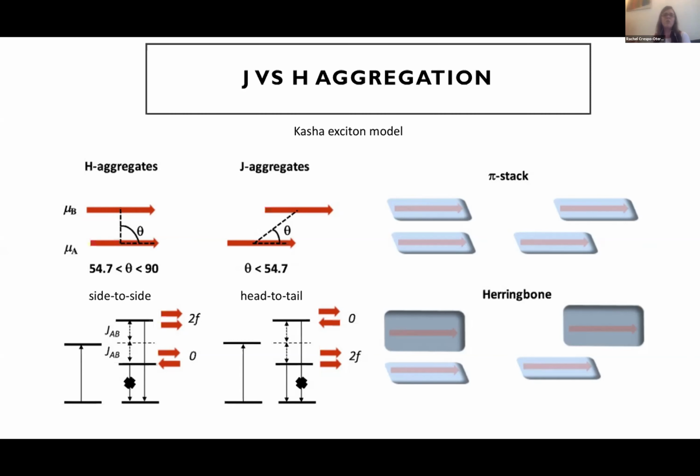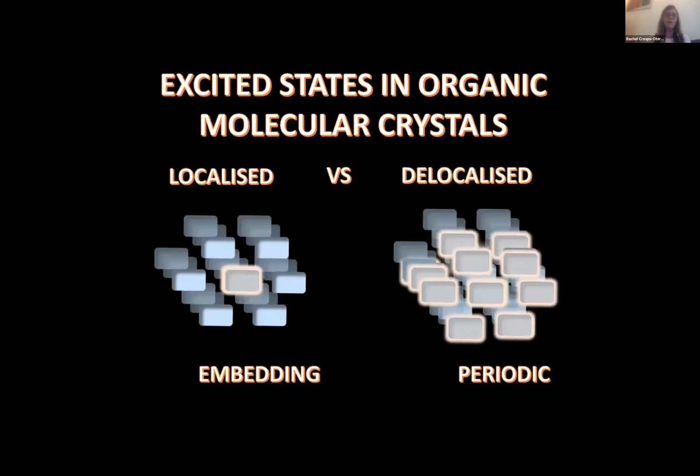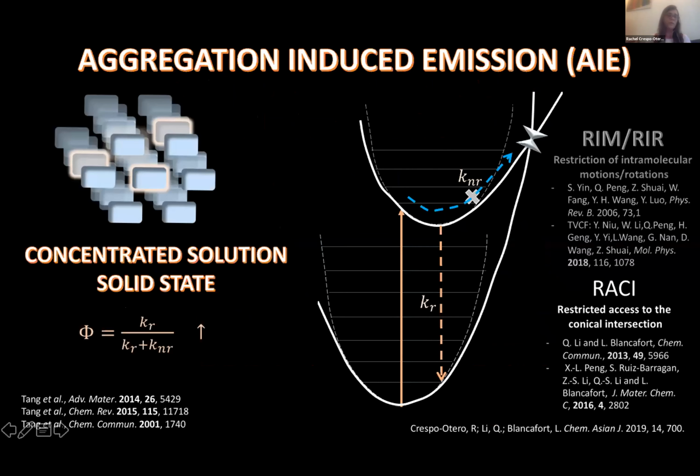When you think about this model, the Kasha model is a very approximate model, and it's not fulfilled all the time. But there is another thing, and it's one of the main contributions to the quantum yield, as we think in the equation that you use to calculate the quantum yield, which is non-radiative decay.